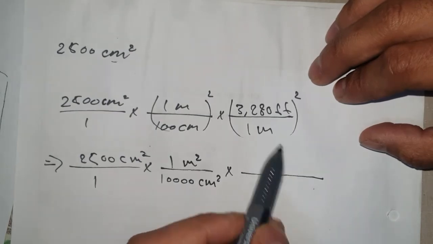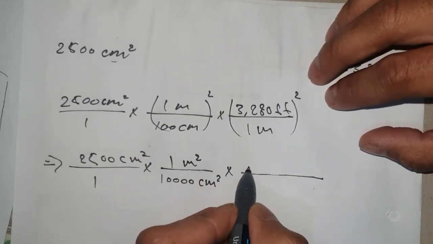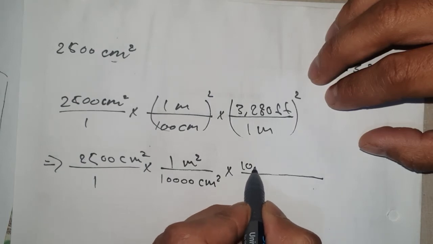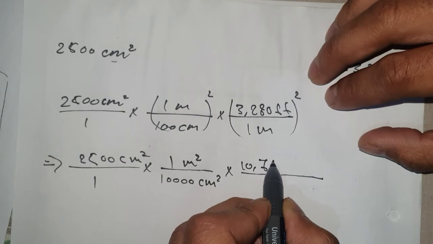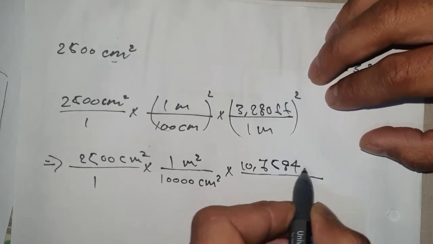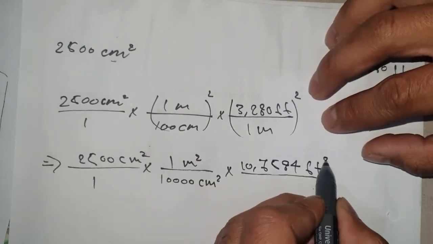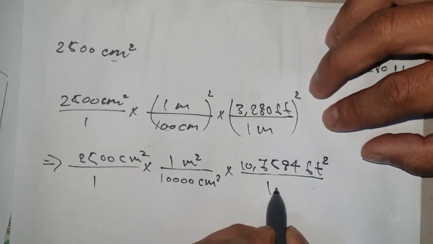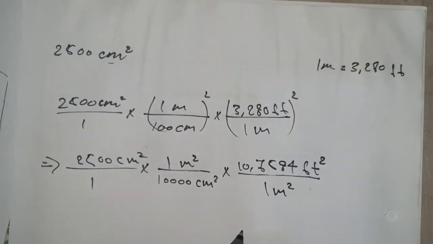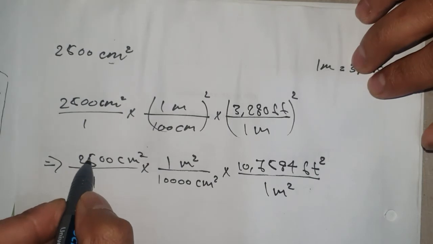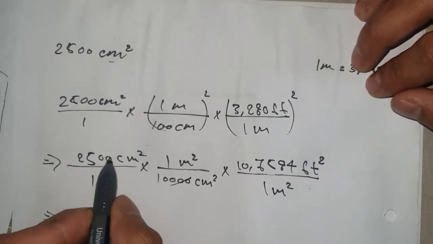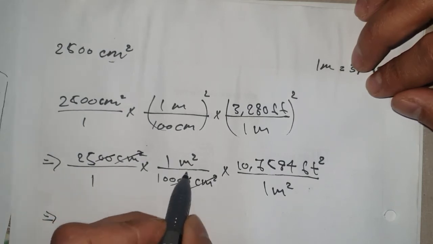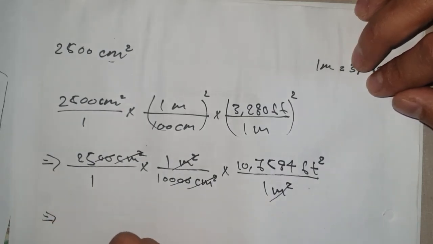When we raise 3.280 to the power of 2, we get 10.7584 feet squared. In the bottom we have 1 meter squared. So we cancel these two zeros, centimeter with centimeter, and meter squared with meter squared.